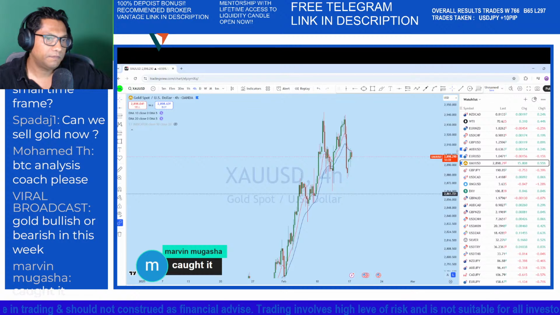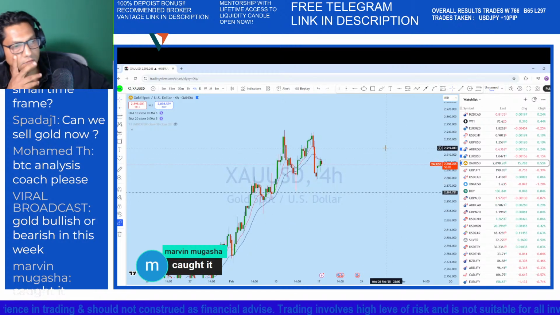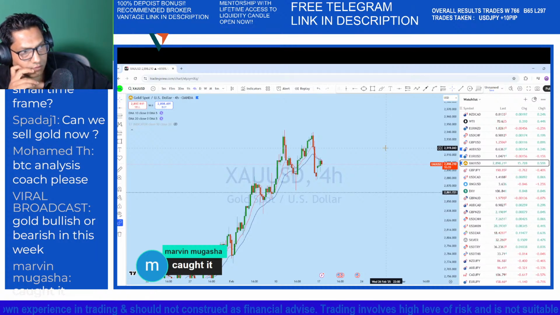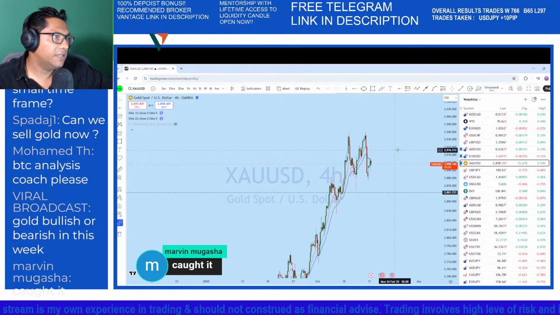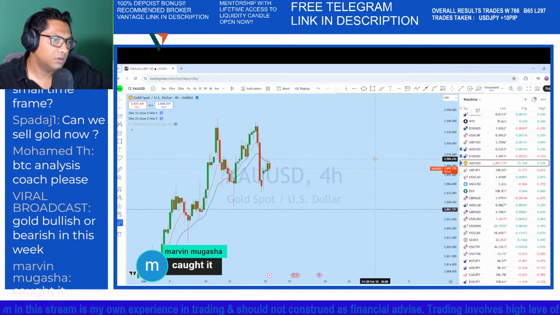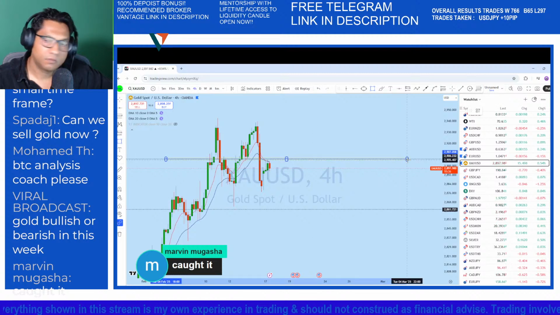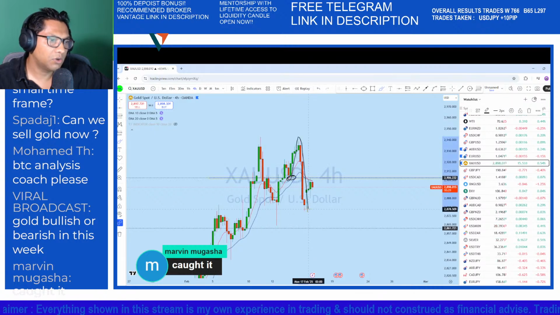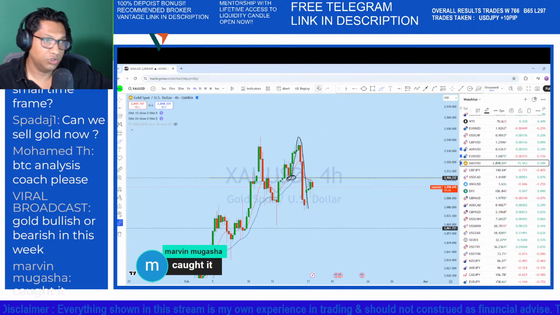This is the 4 hour. And in that movement here, you can see a bounce, complete breakdown, retest, and then potentially trend.